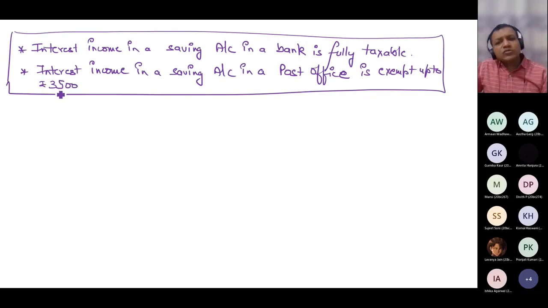I'm not writing per year because by default, when you study the Income Tax Act, if per month, per year, per day is not written, everything must be assumed as per year. So I'm not writing anything.